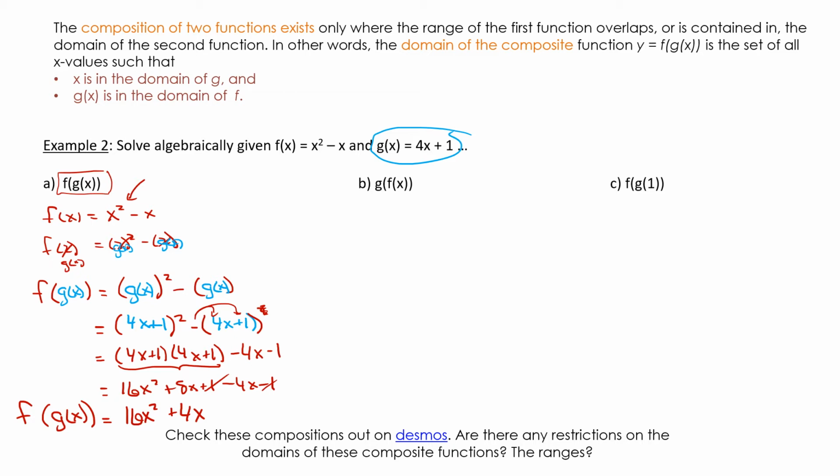Part B says g at f at x. So let me start first by writing out what g at x is. G at x is 4x minus 1. But instead of subbing in a 2 for the x here, instead of putting a 2 there or a 2 there, I need to sub in, whoops, f at x. So I'm going to find g at, this time, f at x.